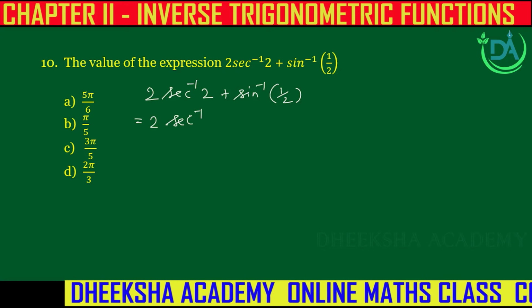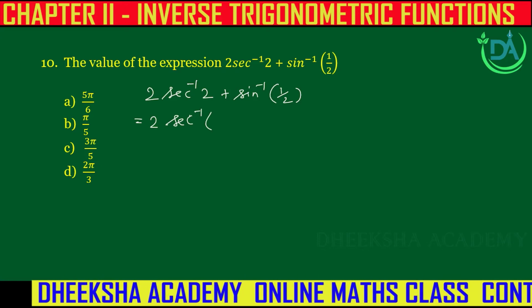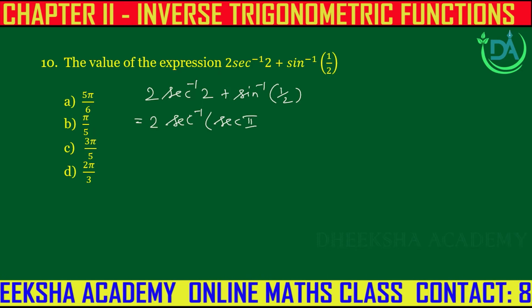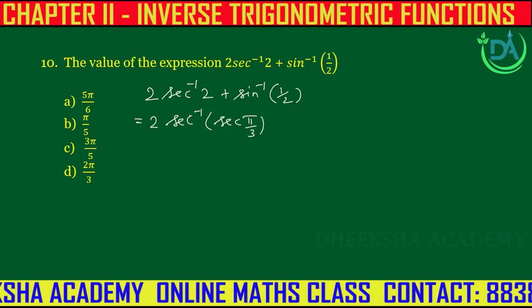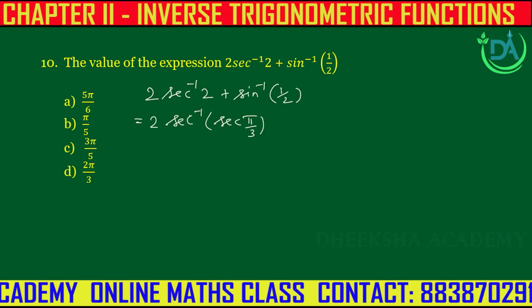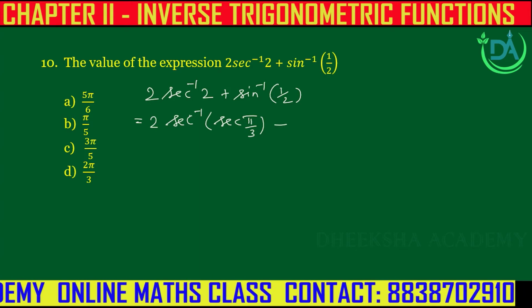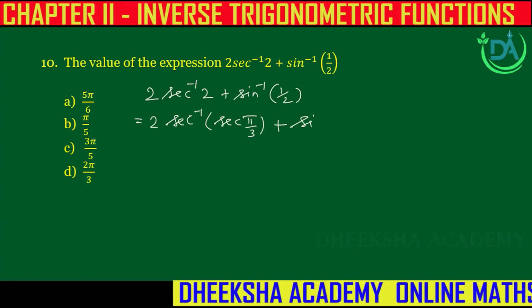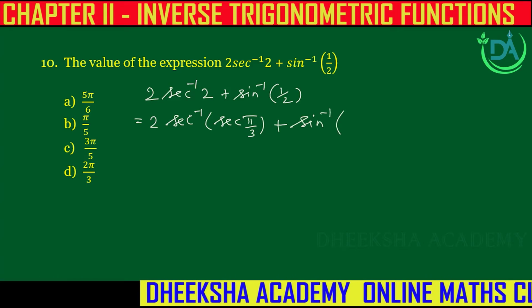Instead of 2, we know that secant pi by 3 is equal to 2, that is secant 60 is equal to 2, plus sine inverse of 1 by 2.